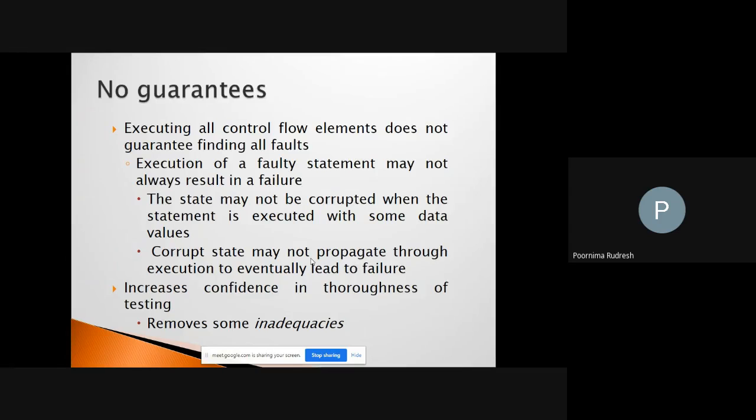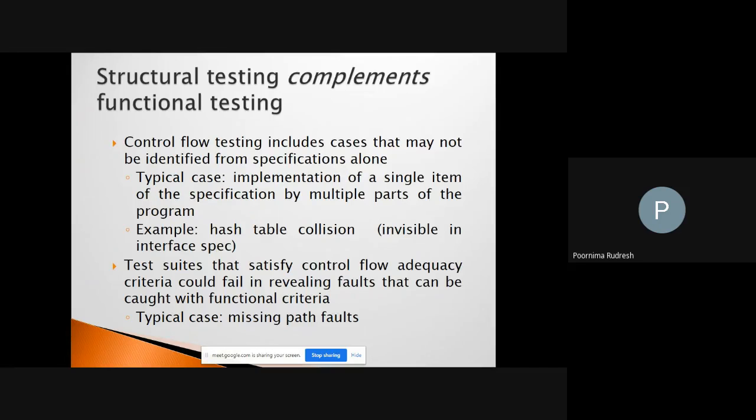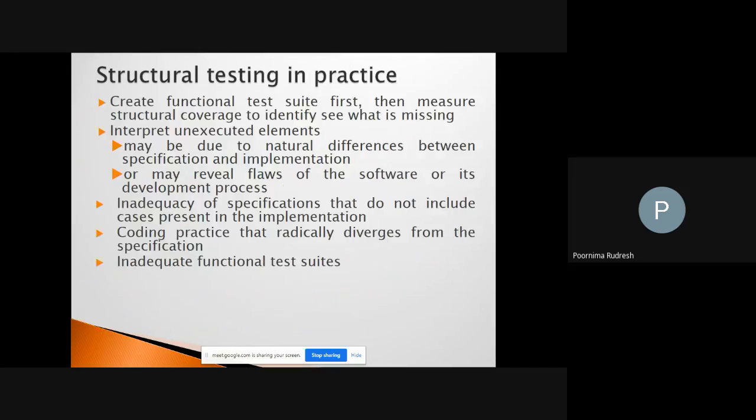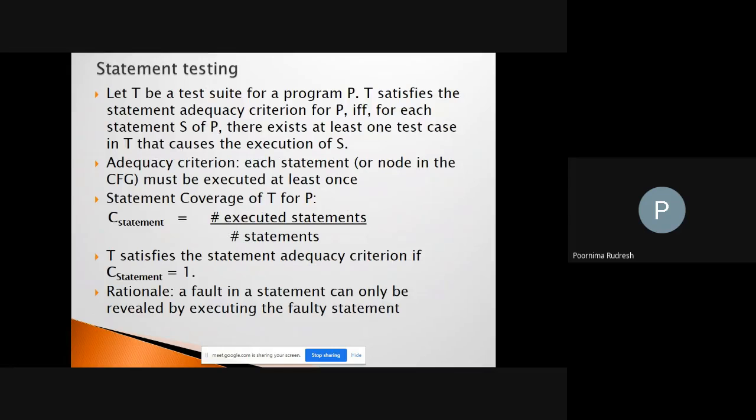So when we use structural testing, it increases the confidence in the thoroughness of the testing, and it removes some of the inadequacies present in the form of a statement, a branch, or a path, etc. So by using structural testing, we are removing the inadequacies and testing the thoroughness of the test cases used in the structural testing method.